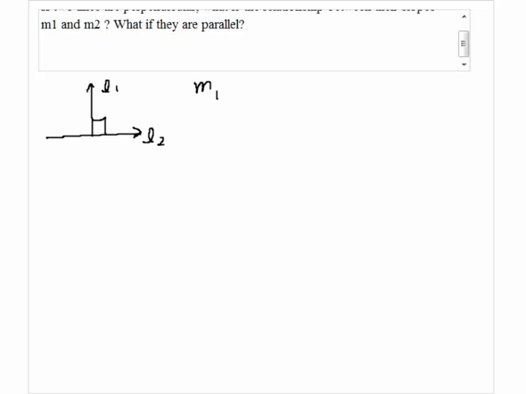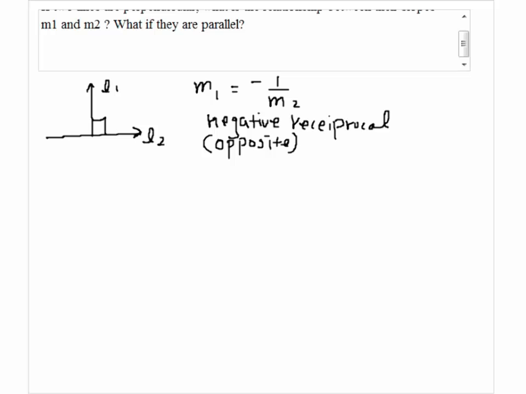Their slopes will be a negative reciprocal, or an opposite reciprocal, so that the relationship is m1 equals negative 1 over m2, or we can write this as m1 times m2 equals negative 1.